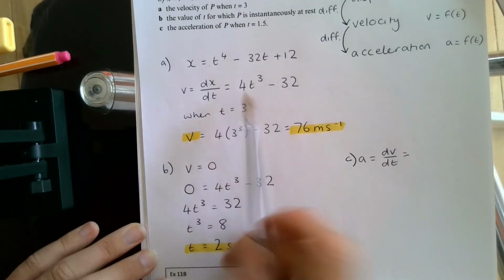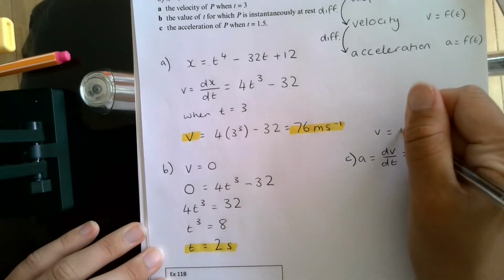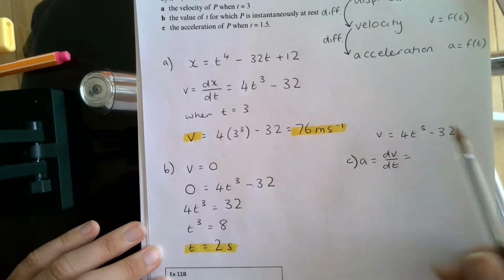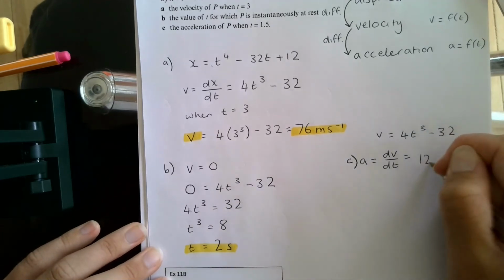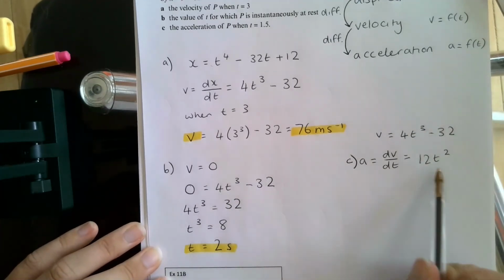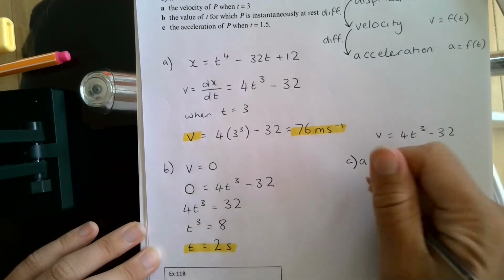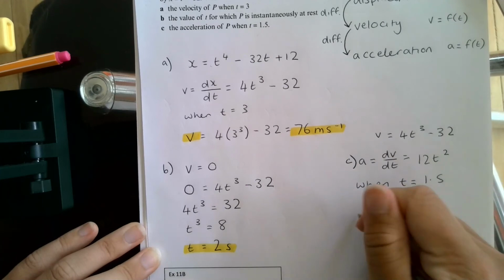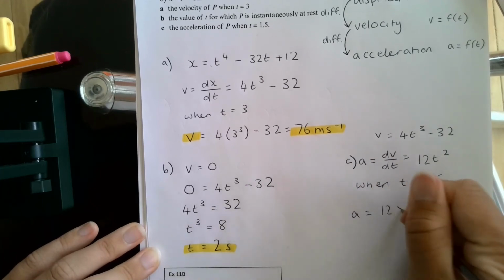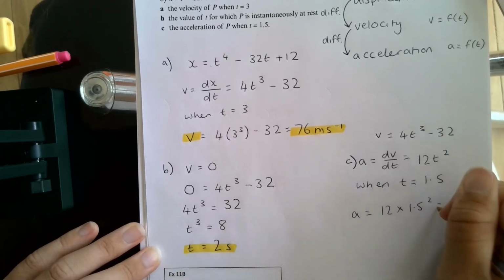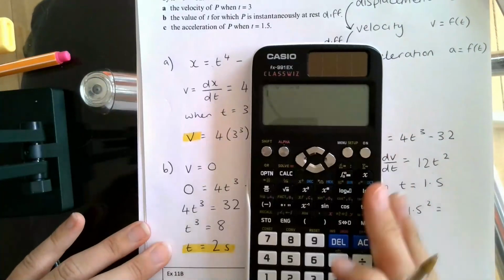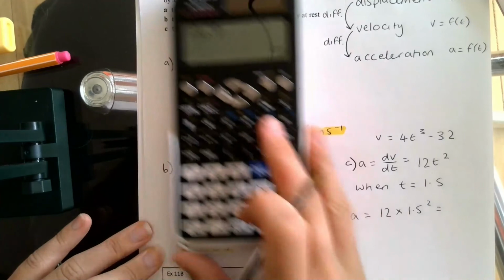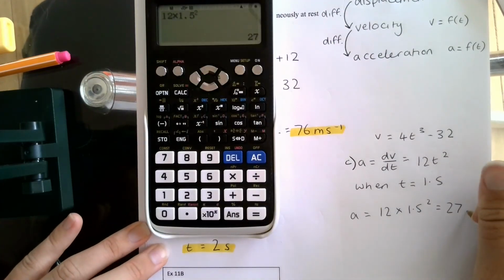The velocity was 4t cubed minus 32, so I've got 12t squared, and that's it. The acceleration is 12t squared. So when t is equal to 1.5, the acceleration is 12 times 1.5 squared, and that's 27 meters per second squared.